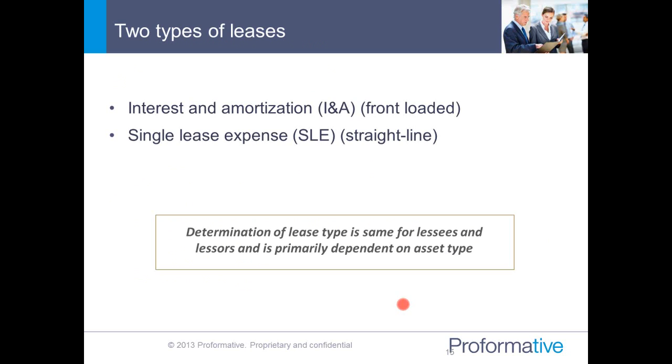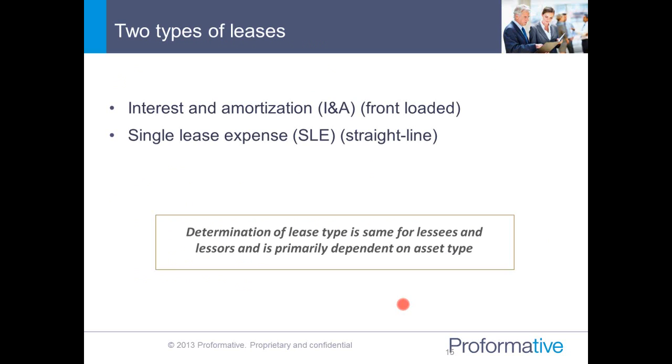Okay, there are two types of leases. There are interest and amortization leases, I&A, which has a front-ended lease cost pattern, and there are single lease expense leases, which have an expense pattern that's very much the same as current GAAP for operating leases.